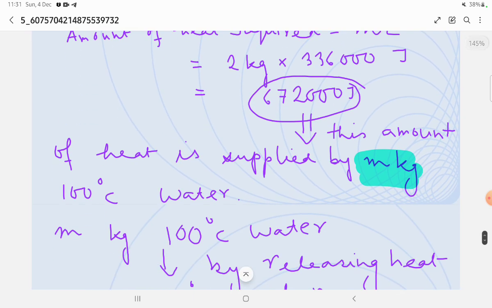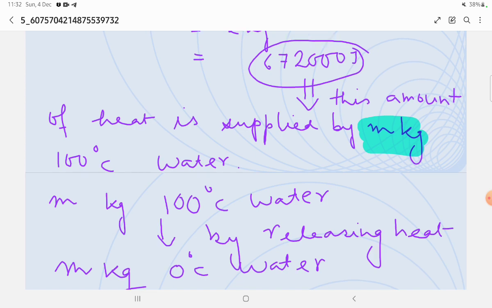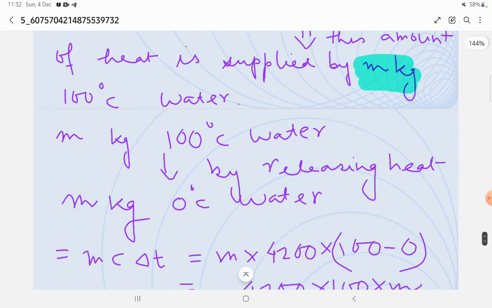So who has supplied this energy? m kg of 100 degree Celsius water, here it is given in kg, has supplied this amount of heat energy. So when m kg of 100 degree Celsius water gives heat energy, its temperature will decrease to 0 degree centigrade.